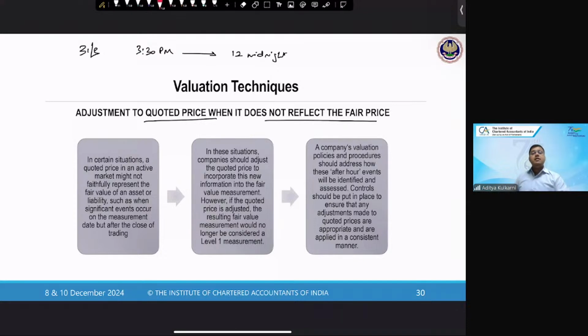Significant event could be resignation of a key managerial personnel. Significant event could be you got an approval for one of the licenses that you had applied for, and now that exclusivity lies with you. Significant event could be a fire that has happened at 6 p.m. that evening, and it has gutted out your entire manufacturing facility, your entire inventory, everything is gone.